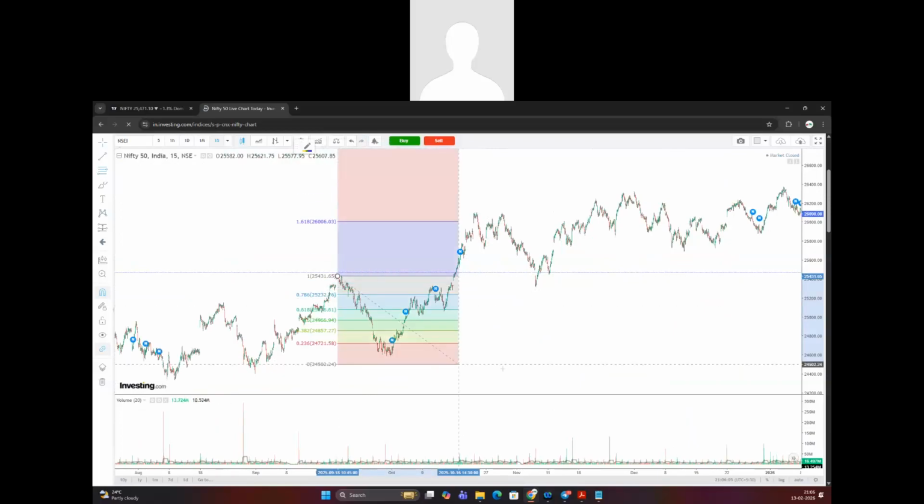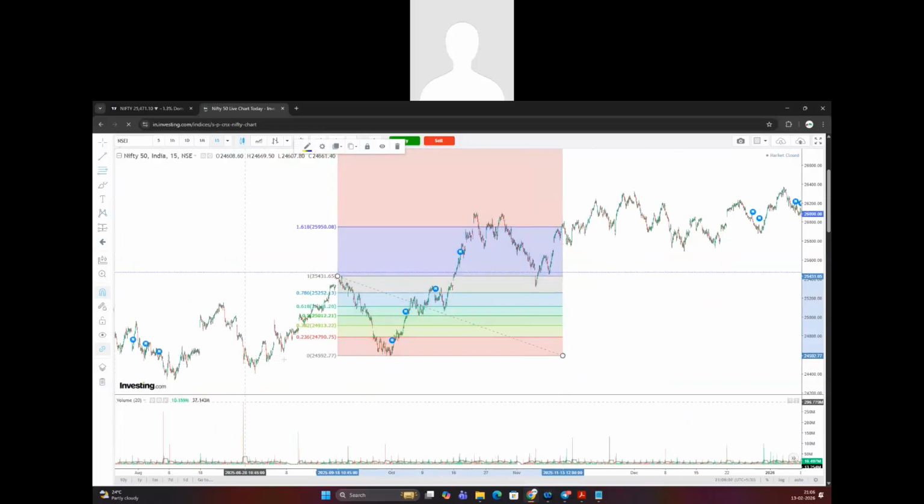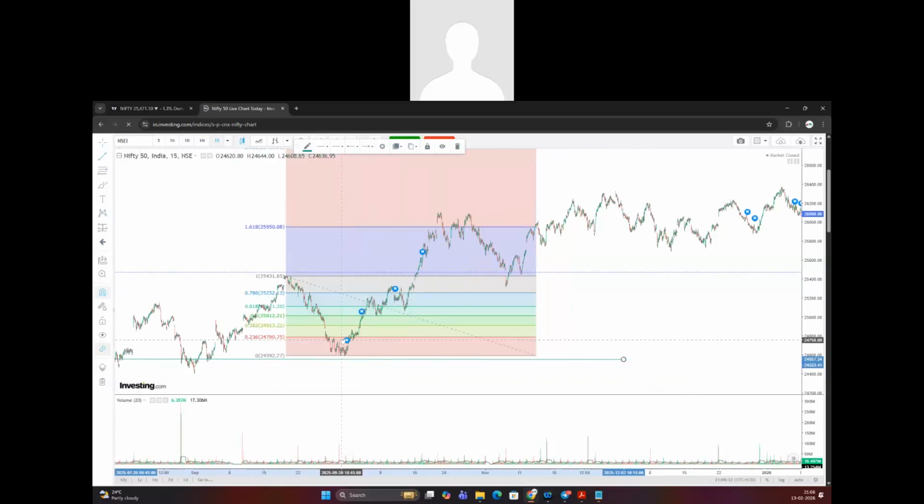So this is the high, this is the low. How do we calculate the perfect low? By the support zone. So this is the perfect support zone. From here it started reversing. So based on the support, this is the high, this is the low.